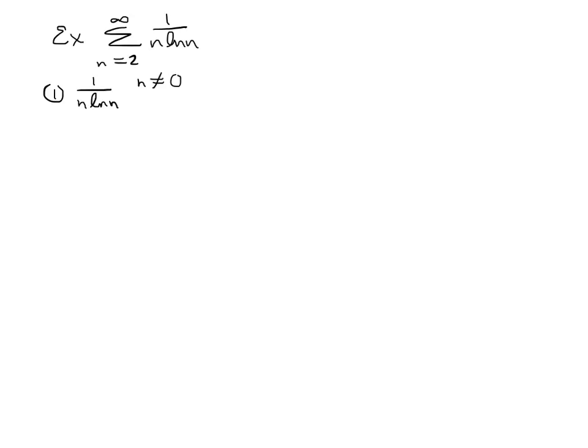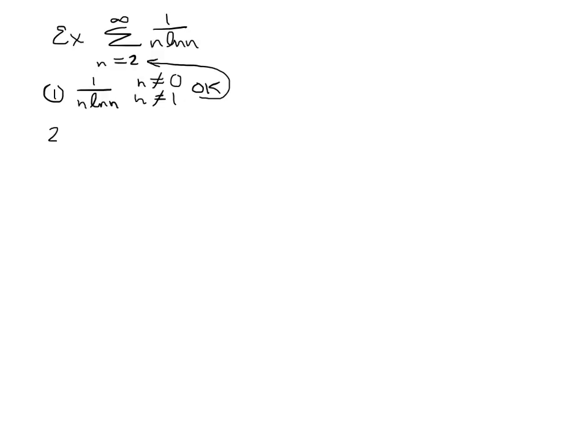And natural log of 1 is 0, so n can't equal 1 either. But these are okay, and it's okay because n starts at 2. If it didn't, then there are some other tricks, but we couldn't even plug in n equals 1 and 0, so I guess it just wouldn't work in this case.